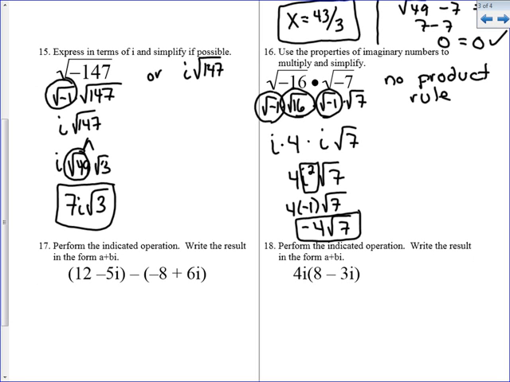Now, if you were going based on what we did on Monday, another option would be you've got your i squared, multiply the square root of 16 by the square root of 7. You get the square root of 112, which then you have to go break up the 112, and it comes back down to 16 and 7.